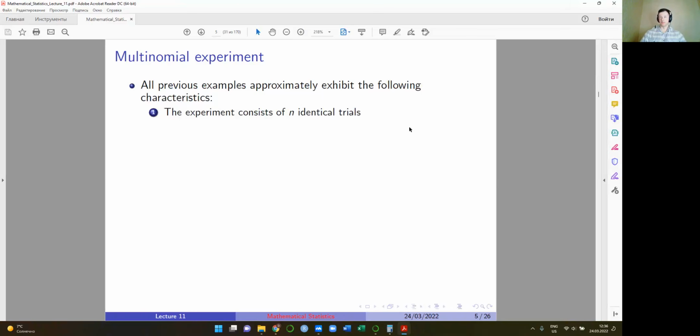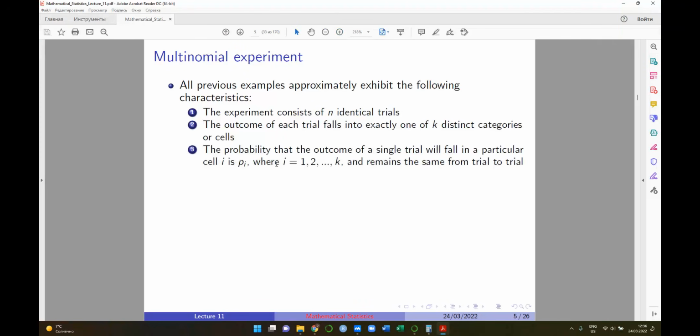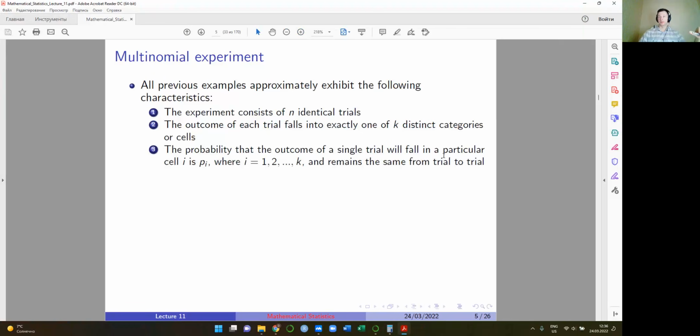So we make n trials, and the outcome of each trial falls into one of k categories, or we call them cells. The probability that the outcome of a single trial will fall in a particular cell will be denoted as p_i, where i takes values from 1 to k, and it remains the same from trial to trial.